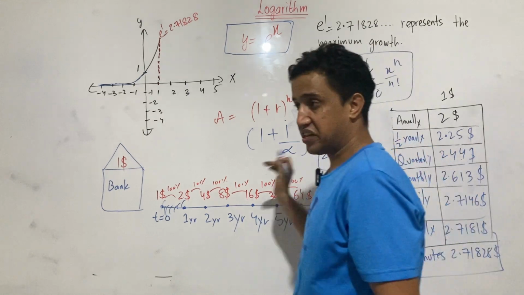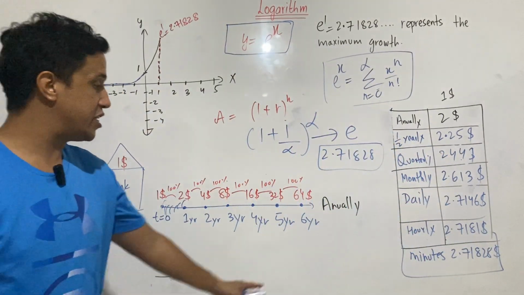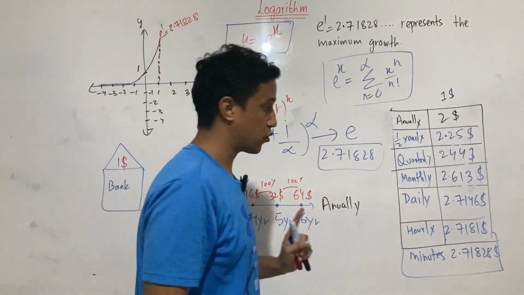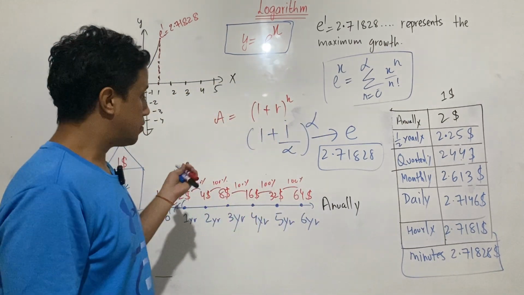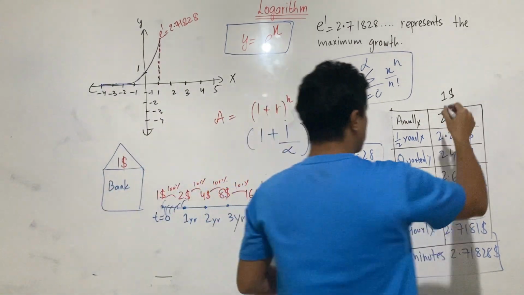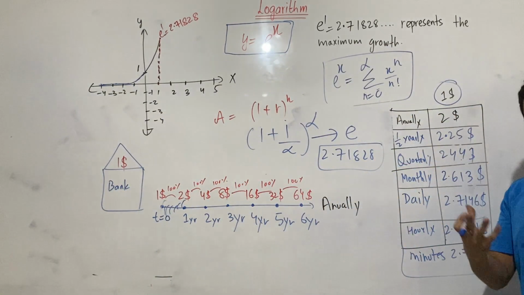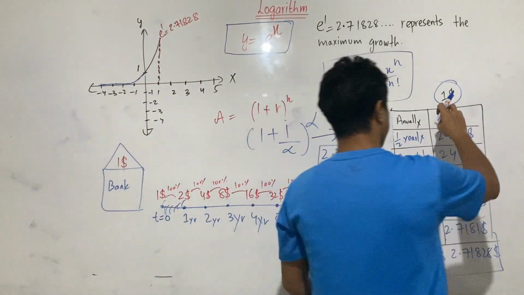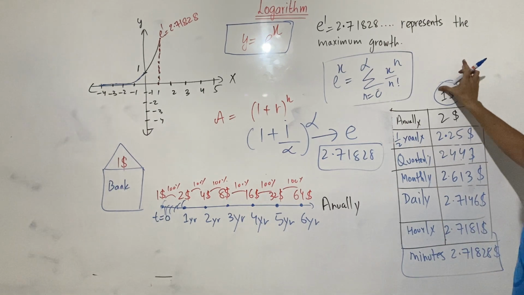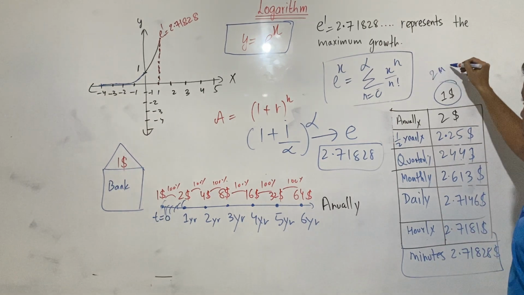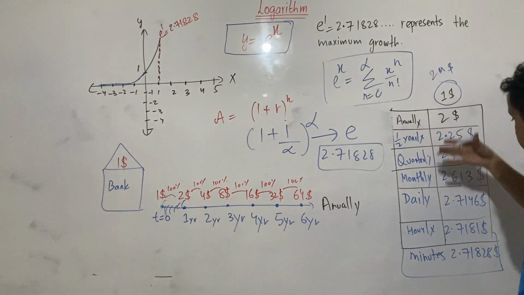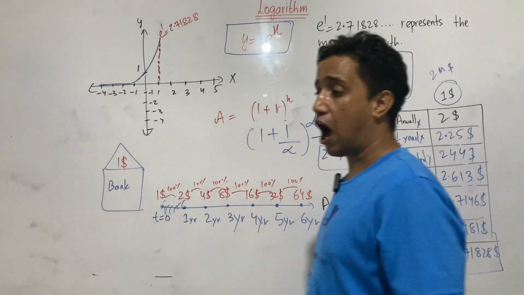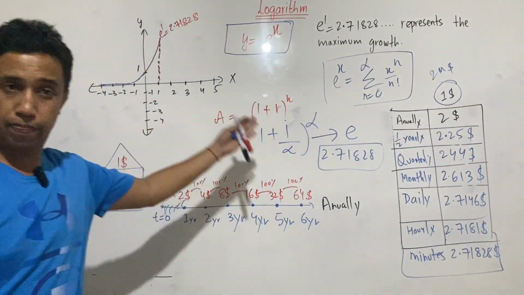So this is the magic number, and it represents the maximum growth. Now this $1 is a very small amount. Imagine if you had $2 million, then imagine how it would have grown.